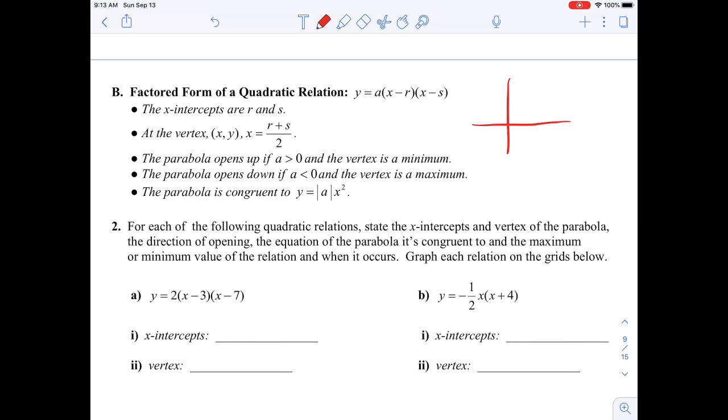So if I just do a very quick rough sketch of a parabola, something like this, we know that it's going to have two x-intercepts, like so, that cross the x-axis there. What we're trying to find, though, is this vertex point and where it's located.